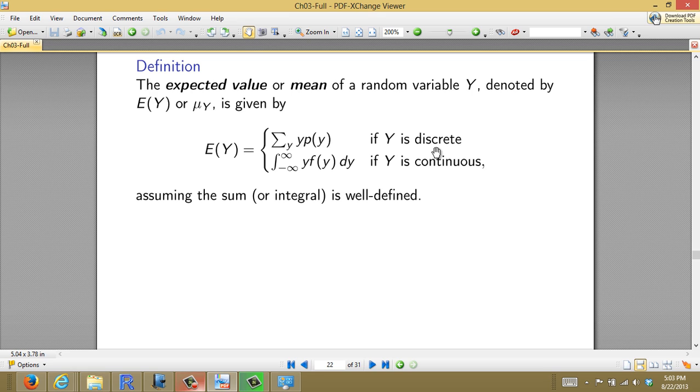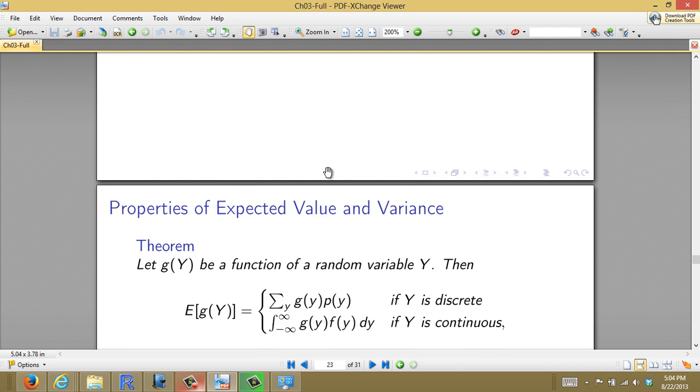Which means that if y is discrete, the expected value is simply the sum of each possible value of y multiplied by its probability. And if we are looking at a continuous random variable, it is the integral between negative infinity and infinity of each possible value of our random variable multiplied by its associated density, assuming that the sum and the integral are well defined. It's going to be one or the other. So that's how you calculate the expected value of a random variable.